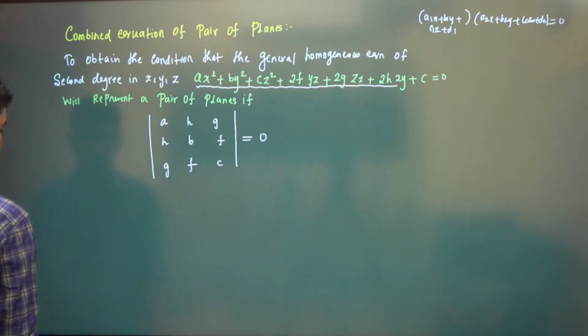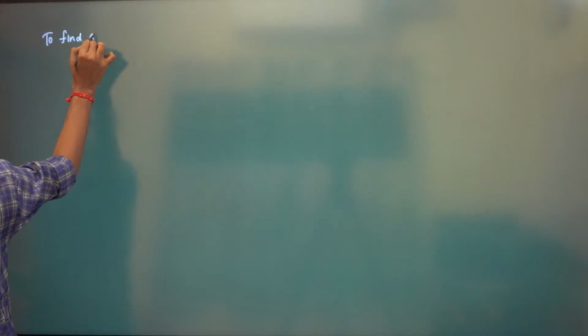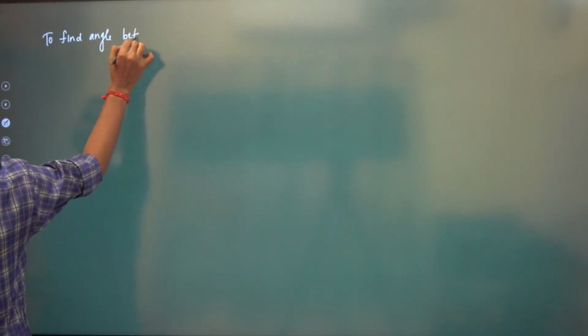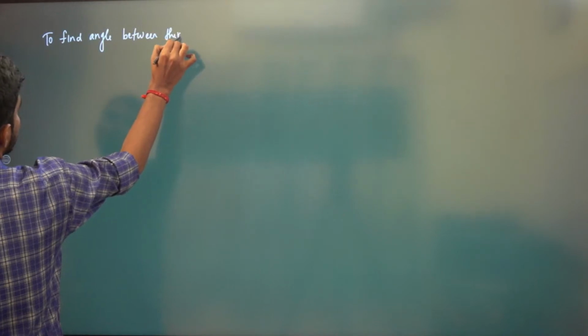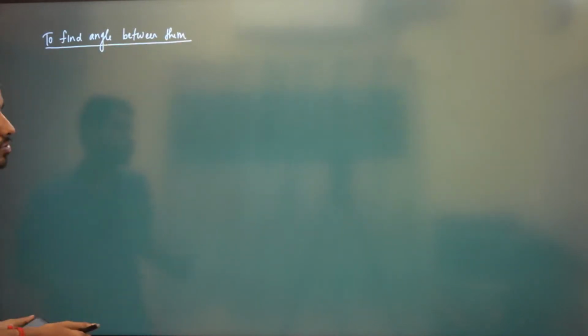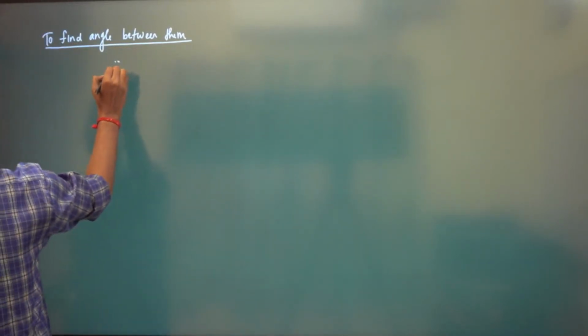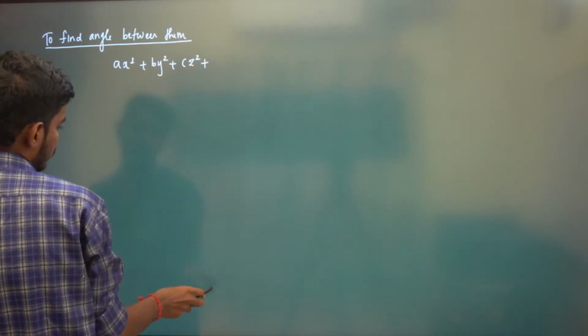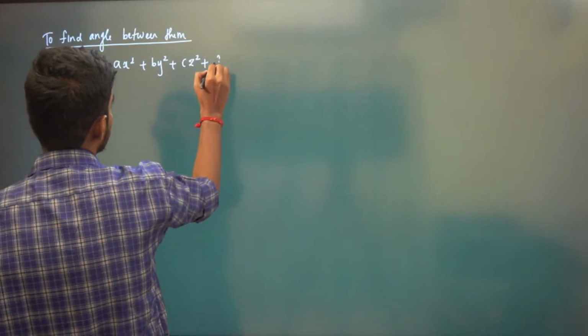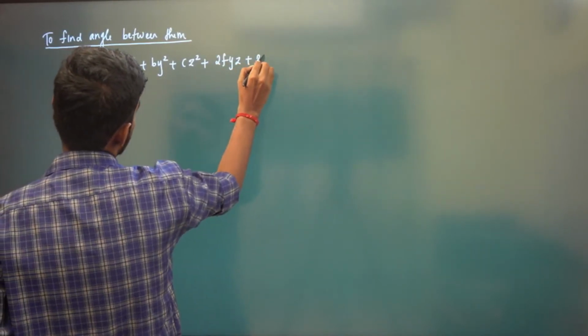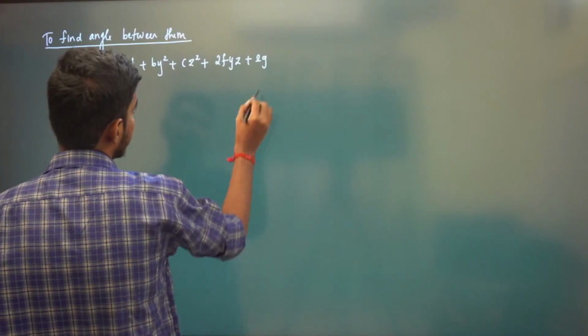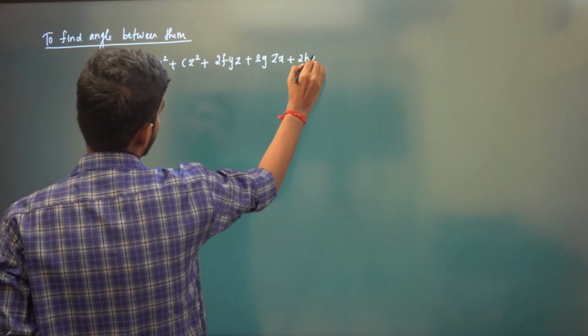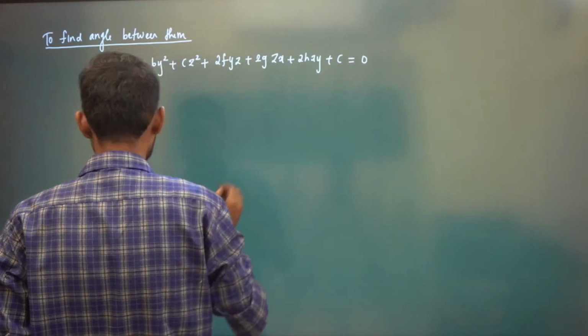Now to find the angle between them. So if this represents a pair of planes, you will have this equation: ax square plus by square plus cz square plus 2fyz plus 2gzx plus 2hxy plus c is equal to 0.